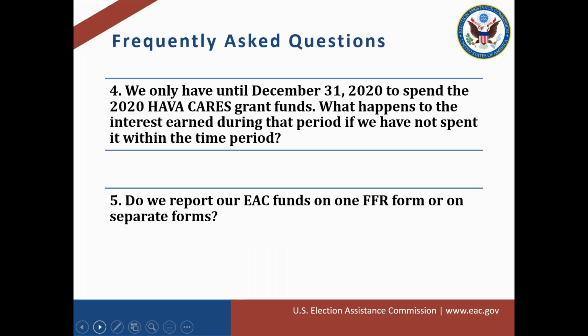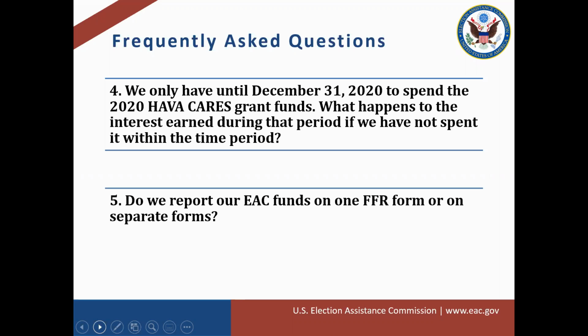So here was another question that we got, and this is on the EAC website, and all of these actually are on the EAC website. What happens to interest earned during the period that you have your CARES funds when it's such a short period? If you don't spend it as of December 31st, 2020, that is funding that also gets returned to the federal government. However, we also said in the frequently asked questions on the website that EAC has determined that it's not required to keep the CARES grant funds in an interest-bearing account because you have them for less than a year.